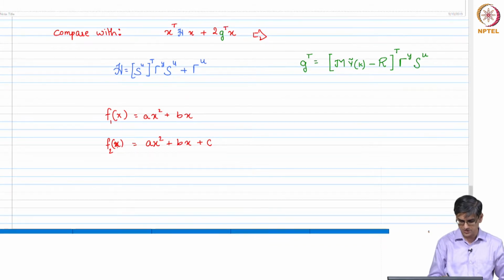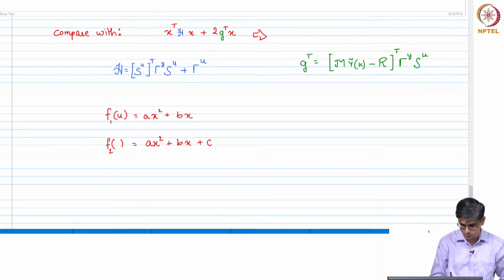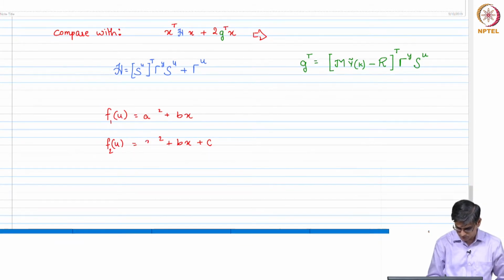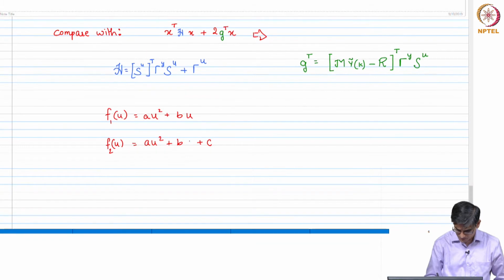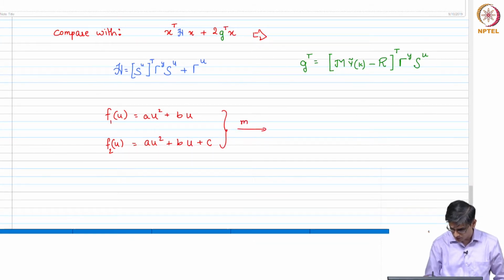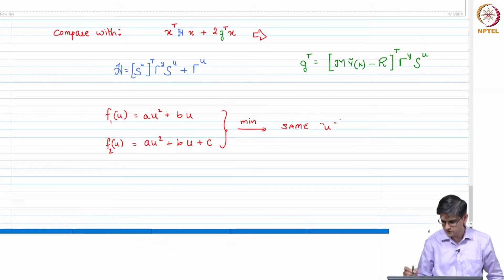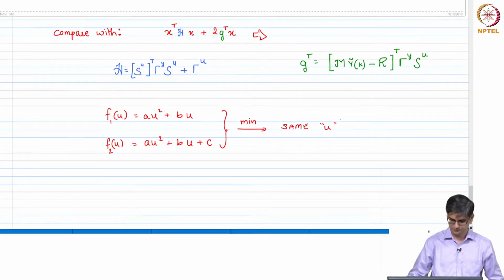Or more appropriately I should have said u, right. Under the min operation the same u is obtained, and that is the reason why we are ignoring it.